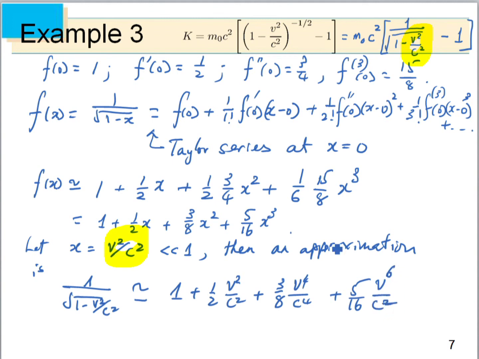So I'm just, this is the power 6. So now I have an approximation of this 1 over square root term.